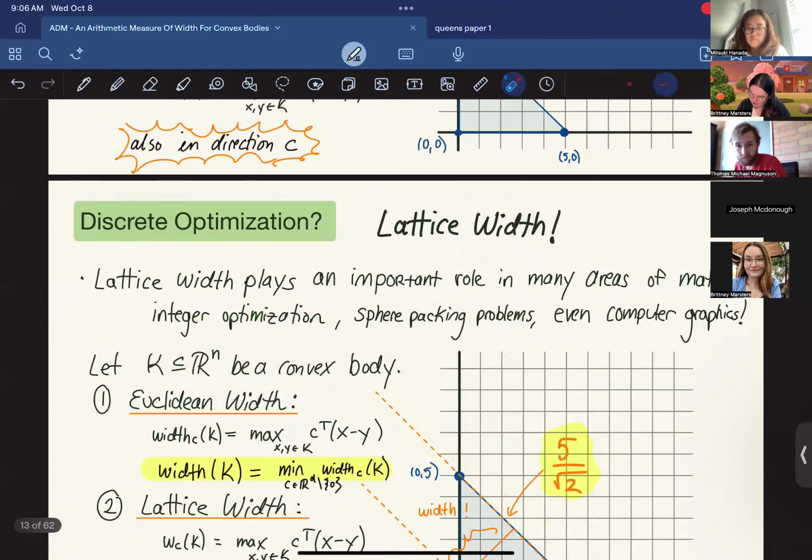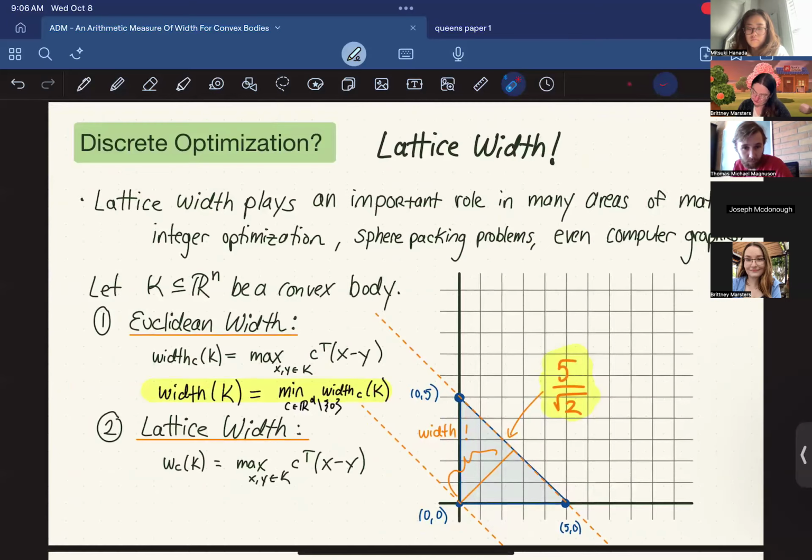So if I want to compute the lattice width, okay, let's go back to, I guess we'll talk about that in a second. We'll go back to Euclidean width real quick. Here, if we want to talk about the Euclidean width not just in a direction now, but of the entire convex body, what we want to do is take the smallest of the widths over our non-zero vectors.